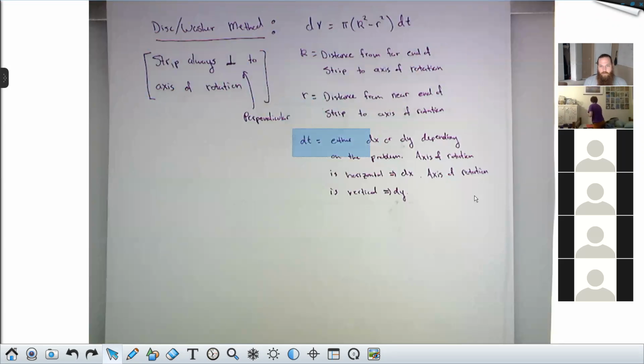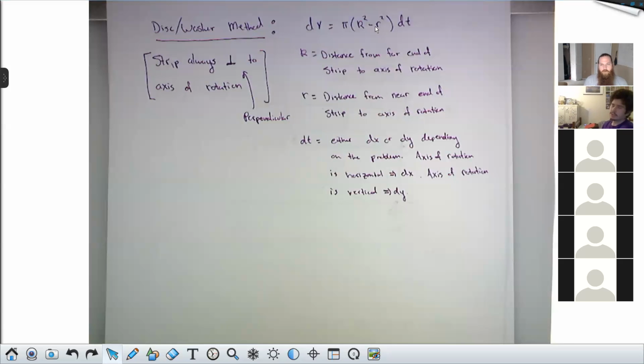The differential dy or dx depends on whether your strip is a dx thickness, like a vertical strip has a little horizontal dx thickness, and a horizontal strip has a little vertical dy thickness. So sketch your region, draw the strip perpendicular to the axis of rotation, then start labeling big R and little r according to these rules. Then you'll want to go in and find algebraic expressions for big R and little r, assemble them into this guy, and integrate dV to get V.